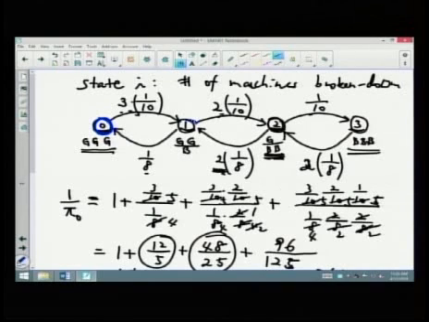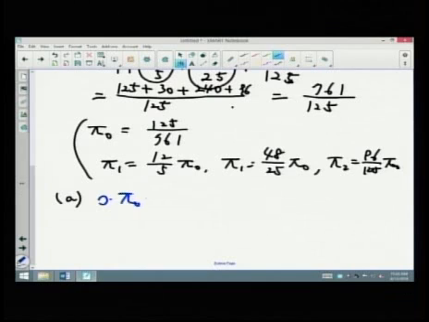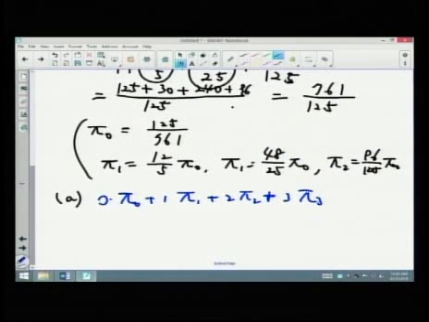If you are in state 1, you have 1. State 2, you have 2. State 3, you have 3. Right? So what you're going to do: 0 times pi 0, 1 times pi 1, 2 times pi 2, 3 times pi 3. That's what you need to do. Right? Easy?